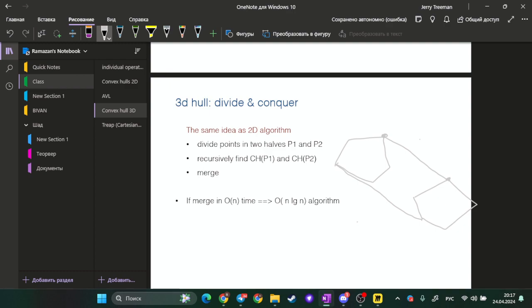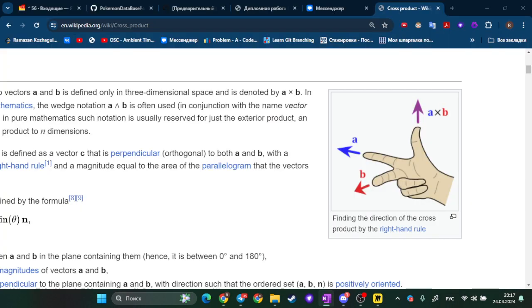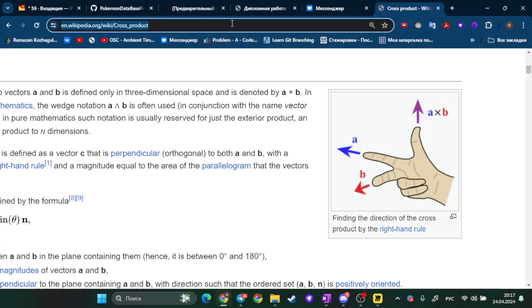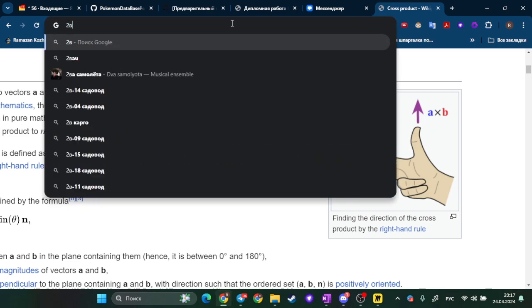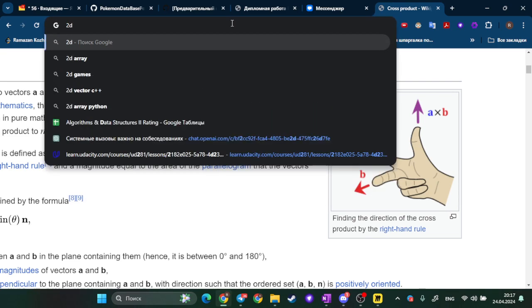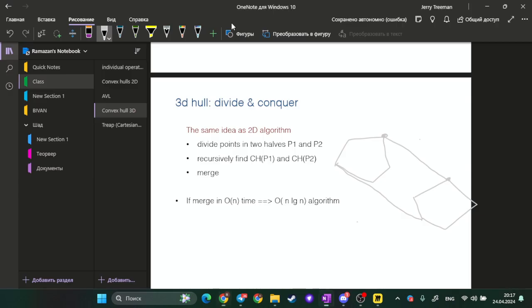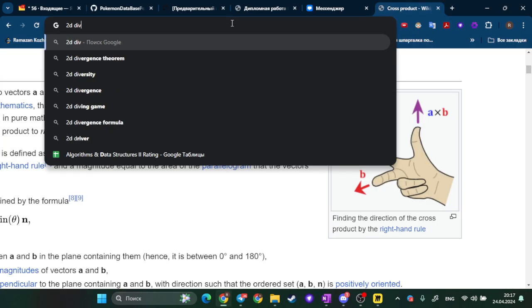No, that's not true. I forgot how to do it in 2D space. I think we need to check it to understand how to do it in 3D space. I considered four algorithms for how to do it, but I didn't consider the divide and conquer algorithm.